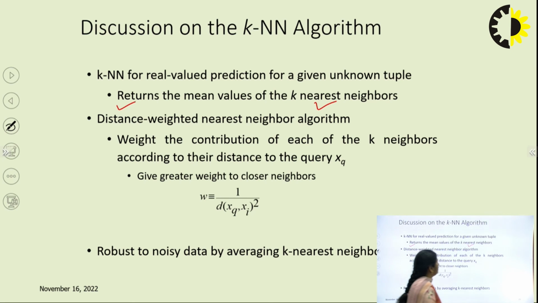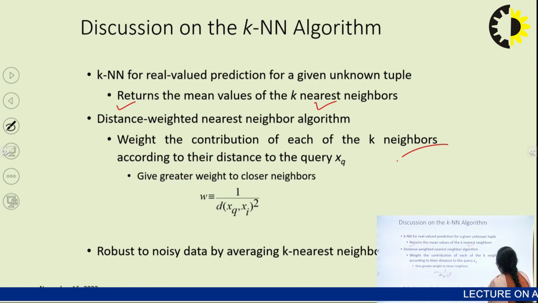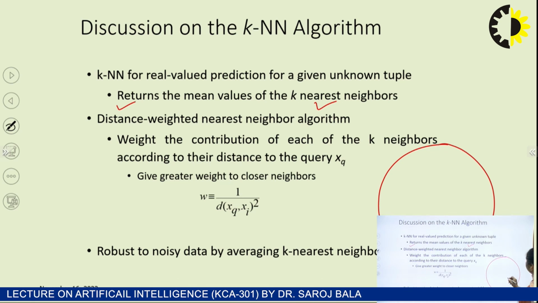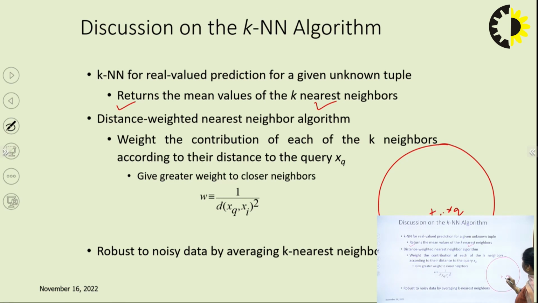If we consider this particular example, I have this query point, and these are the two positive neighbors, and these are 3 negative neighbors, and we take the 5 neighbors. So what we will get? These. But what is most common here? The most common is negative. If I see this, I should assign this query point to the negative class.